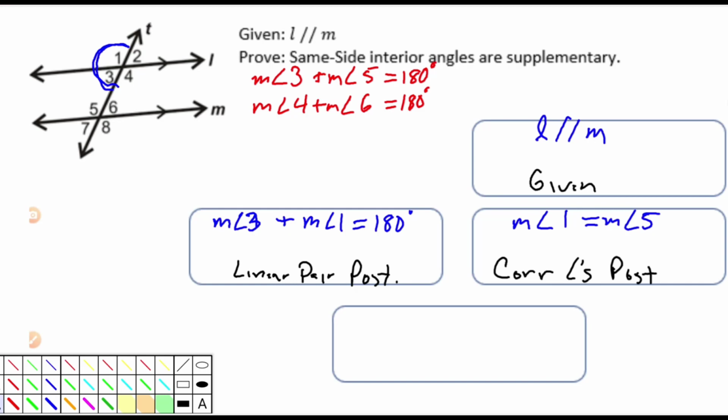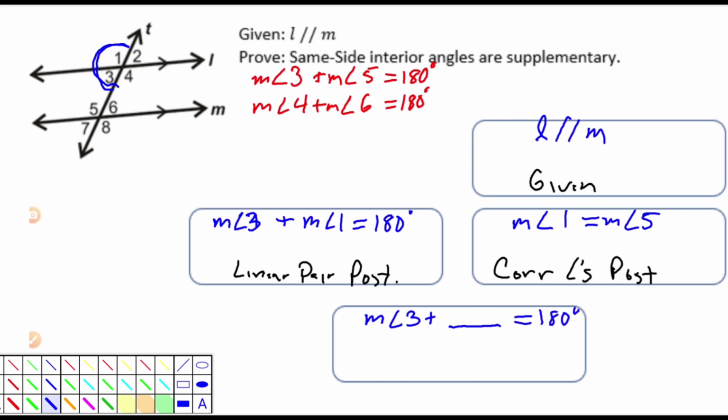All right, perfect. Now look at your two statements here. I see that I can swap out measure of angle 1 and replace it with something else. So let me start writing this and show you what I'm going to do here. So the measure of angle 3 plus this part is going to be replaced. That should be the measure of angle 1 is equal to 180.